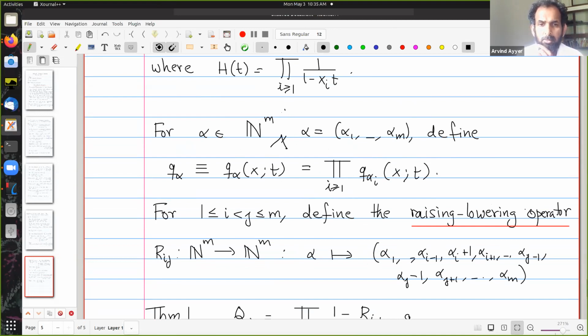That is to say, when I take the infinite limit, I want the size of alpha to be finite. So alpha 1 plus up to whatever should be finite. Is that okay, Gaurav?